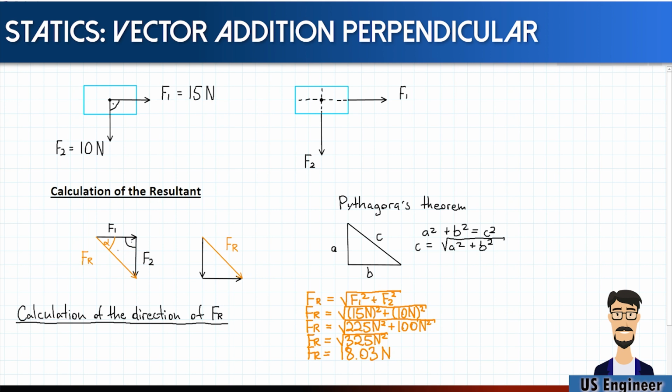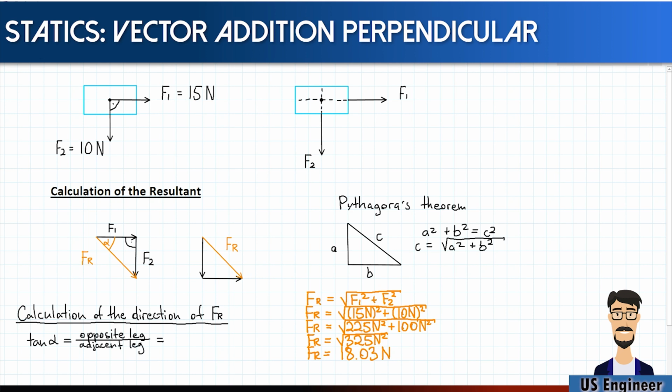And to compute that angle, we need to use another trigonometric tool, and that's going to be the tangent. The tangent is equal to the opposite leg divided by the adjacent leg. So tangent of alpha is equal to the opposite leg, which is at the opposite side of alpha, divided by the adjacent leg, which is simply adjacent to alpha.